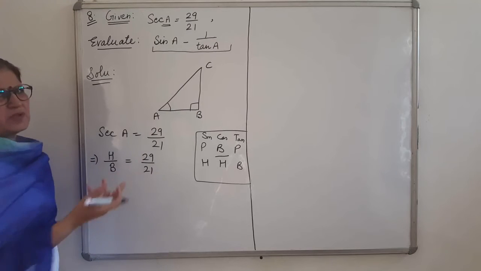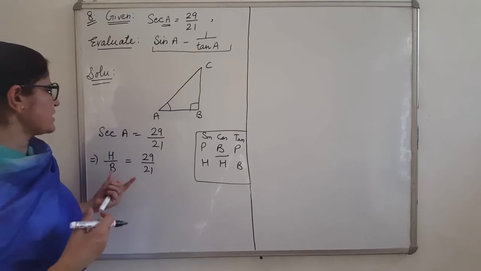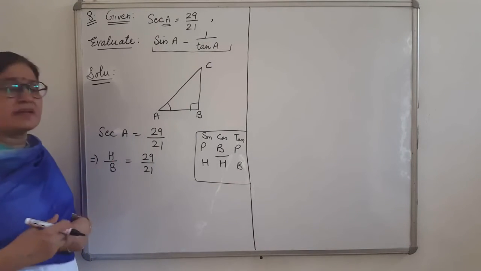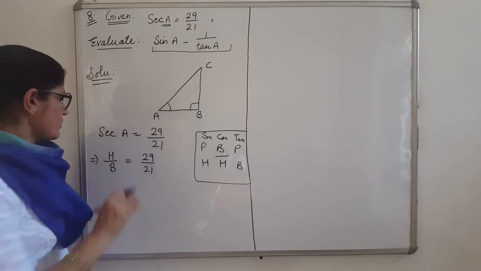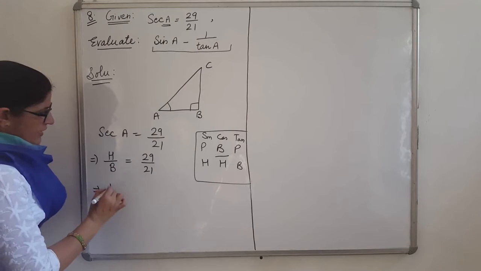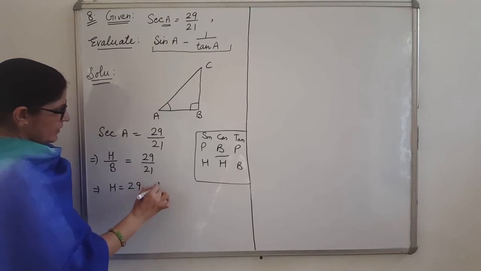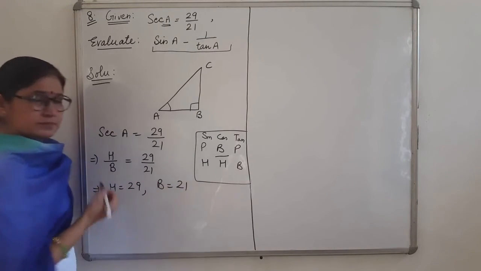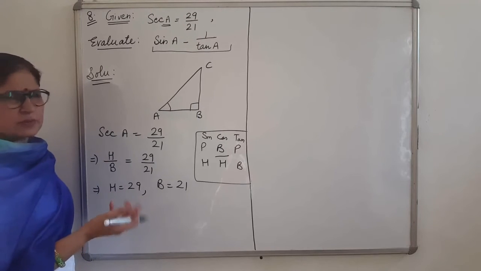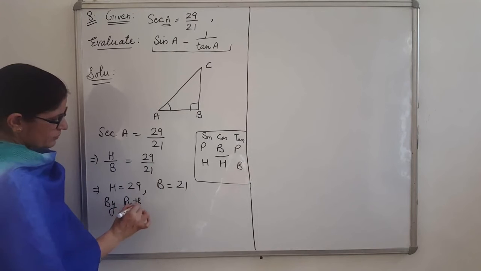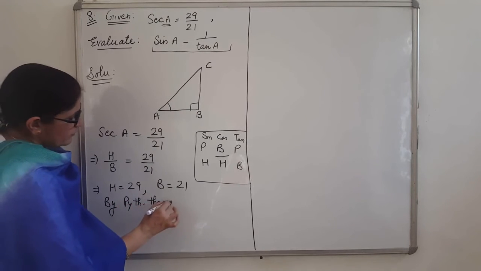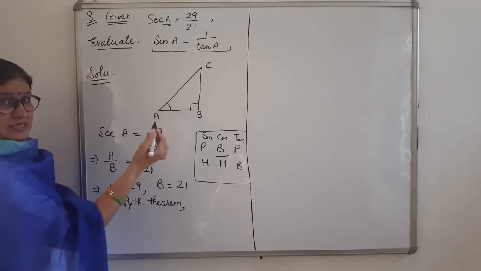We compare them. You can take x also like this: let x be the common ratio, and then 29x, 21x. Or without x also you can do; that is up to you. So h is 29 and base is 21, because ratios are given now. So by Pythagoras theorem, we have to calculate the missing side here.